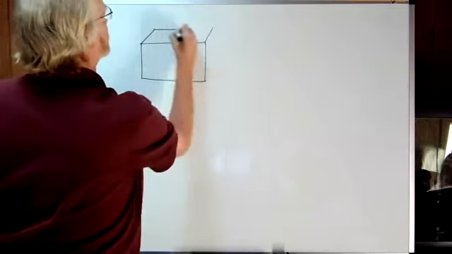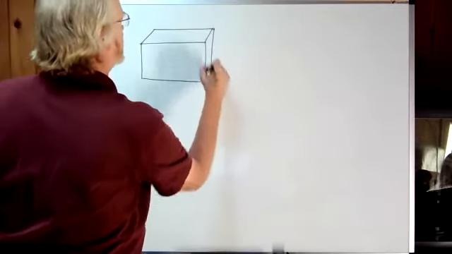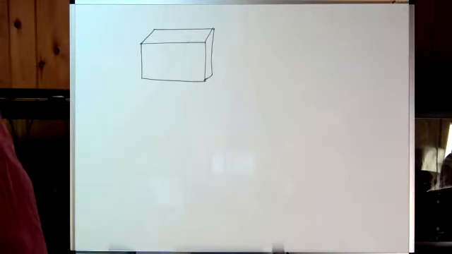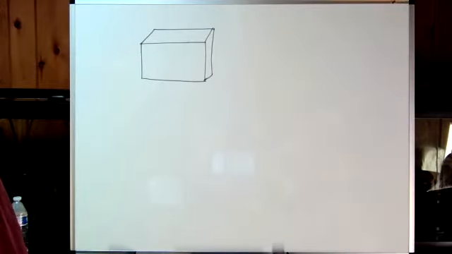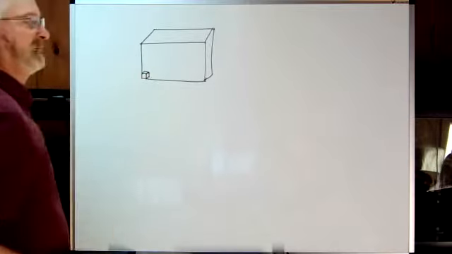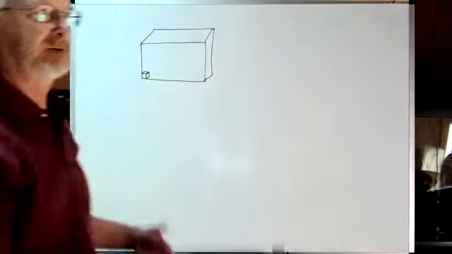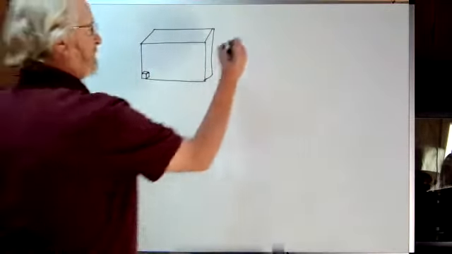My 3-dimensional drawing here is supposed to look like a 3-dimensional shape, a box. Volume imagines that we've got a bunch of tiny little cubes inside there. How many cubes can we stack up to figure out the volume?